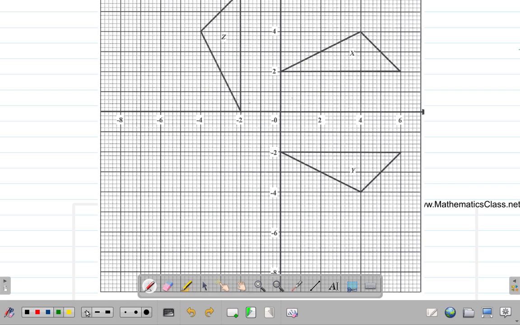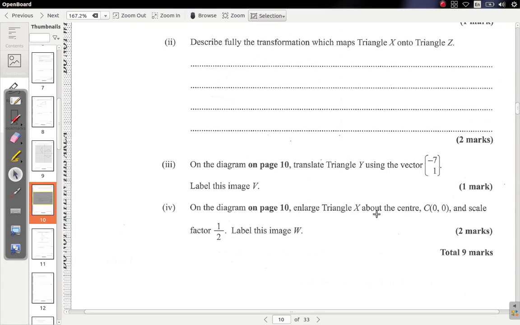is identify the center, and then you're going to have some straight line from the center to each point. Center through here, so center, and go up. Now, it says scale factor half.